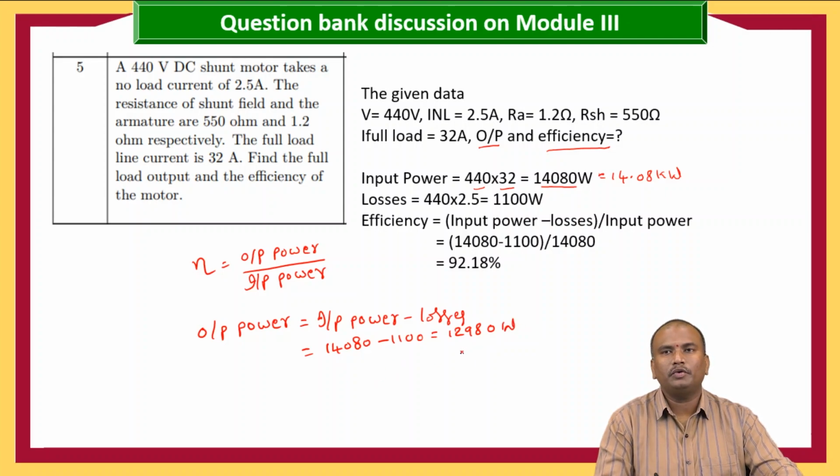Now this is the output power which we got, and here the efficiency is equal to input power minus losses by input power, which we get as 92.18%.